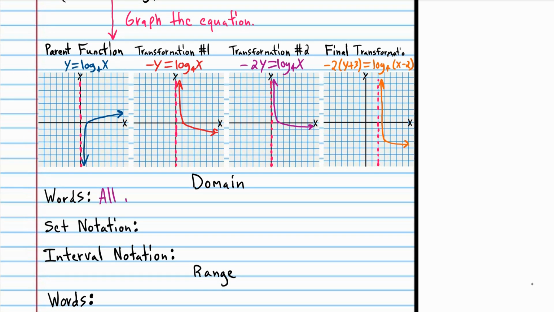So remember, the domain is all the x values of the points on the graph. In set notation, we say the set of all x values such that x is greater than 2. In interval notation, we say 2 comma positive infinity.